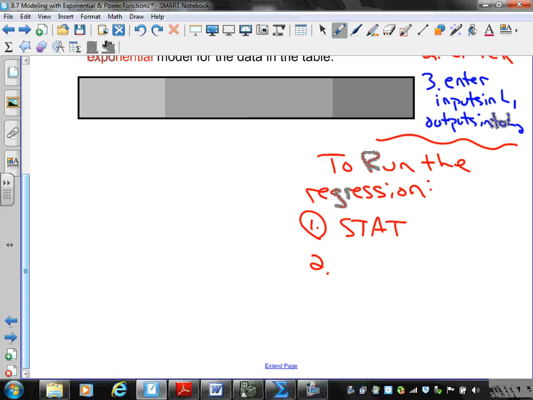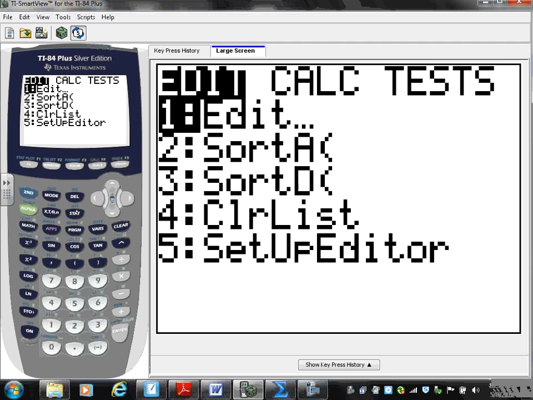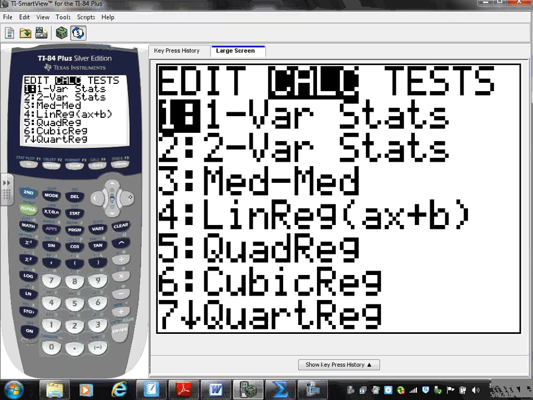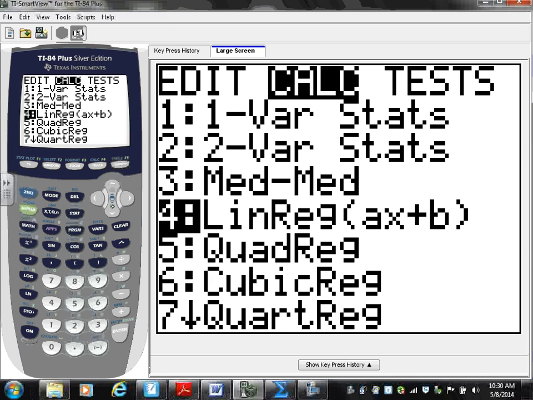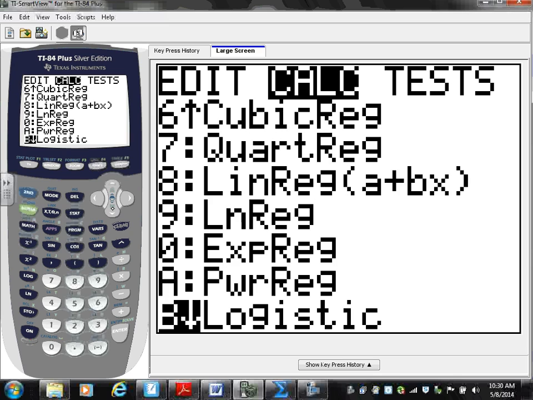So if I hit stats, I'll go right over to where it says calc. And I want to go down far enough, and I'm going to see eventually exp reg. There it is right there. Oop, went a little too far. There's power reg. We're going to do that in a few minutes here. There's exponential regression. It's number 0. Okay, so I can hit enter, or if I just remember it, I can just go ahead and hit 0.